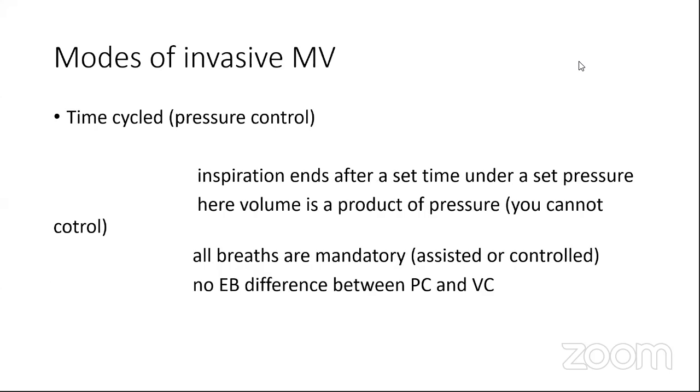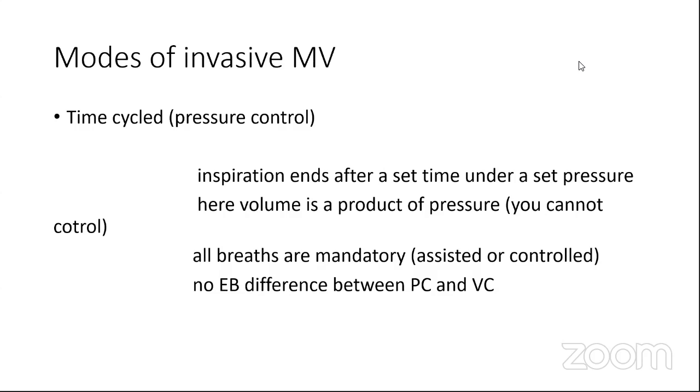Comparable to volume control is pressure control. We call pressure control time cycle because inspiration ends after a preset time elapses under a certain pressure. So in pressure control, you get to set the inspiratory time and the inspiratory pressure, so that after this finishes, the ventilator cycles to expiration.